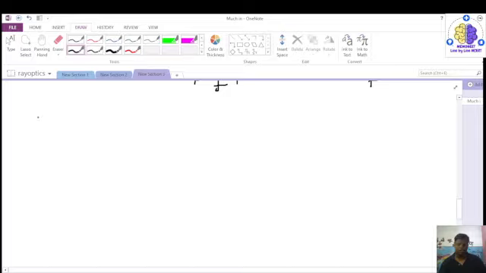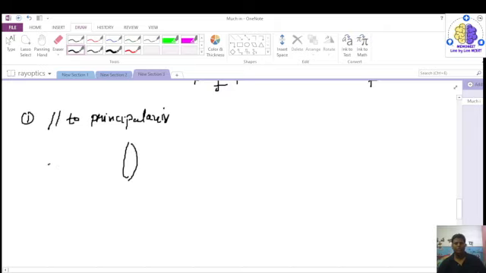The first ray which we are going to use is the ray parallel to the principal axis. Any light ray traveling parallel to the principal axis will always pass through the focus. So this is the principal axis, and the light ray is parallel to it. It will always pass through the focus. This is the optical center.